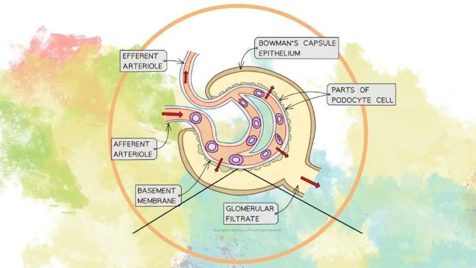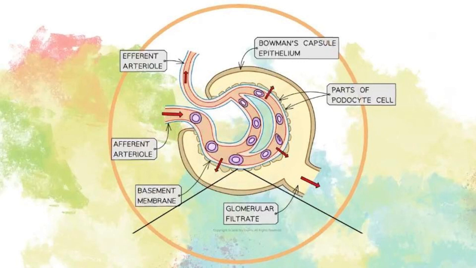Water and all soluble plasma components are then forced out of the glomerulus. So think of it as like a filter. It's like a sieve. Anything small enough to pass through the walls of the arteries, so things like sugar and water, are going to be pushed out of the capillaries into the Bowman's capsule. However, large proteins are too big to fit.